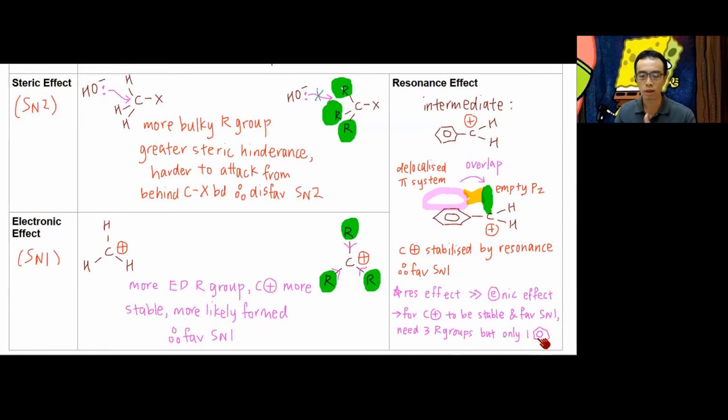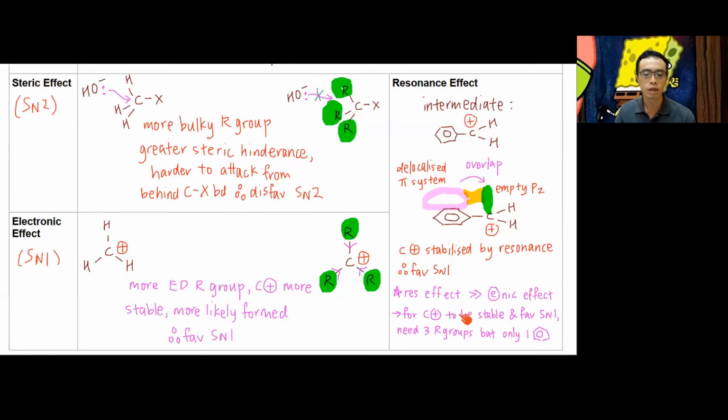But I only need one benzene to stabilize the carbocation ion to the same extent. So very roughly, it would suggest that the stabilizing effect of one benzene is equivalent to 3 R groups. So we want to have this idea, this appreciation that resonance effect is a lot more significant as compared to the normal donating withdrawing groups effect, the electronic effect. So you keep this idea in mind.